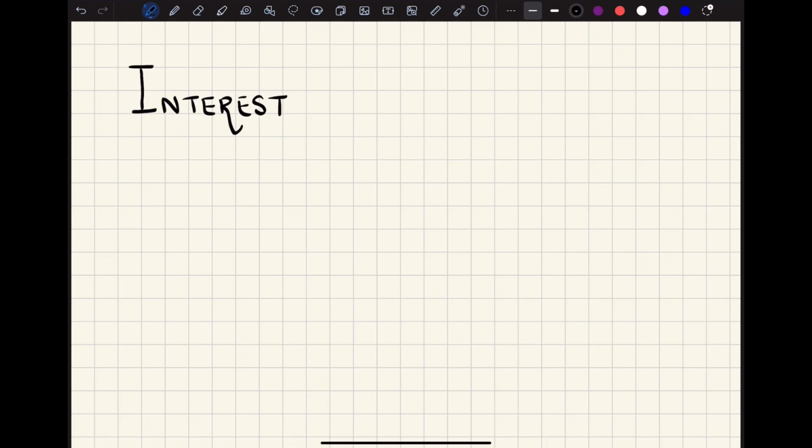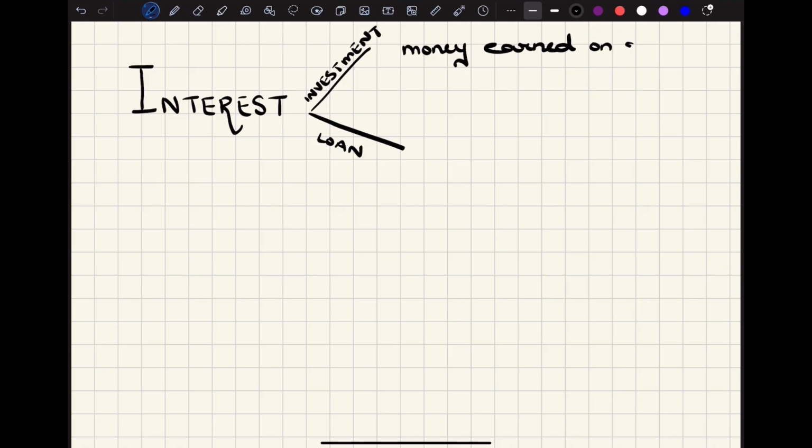So you can earn interest on an investment or you can pay interest on a loan. Investment: money earned on savings or investment.